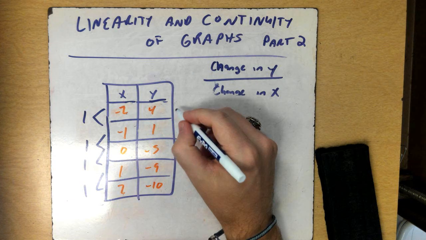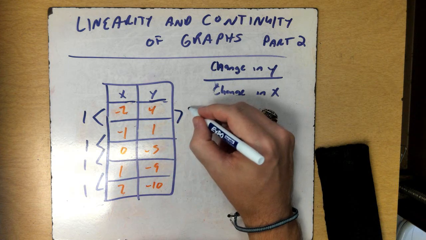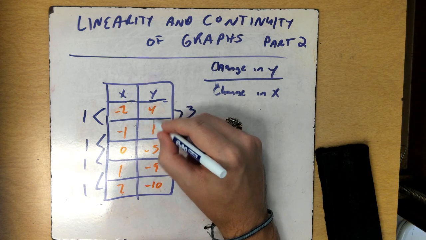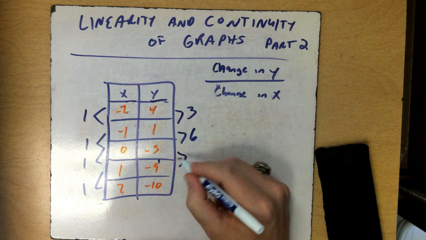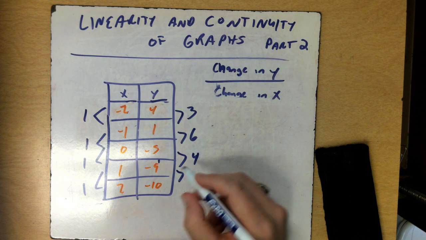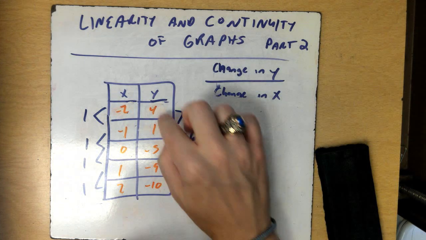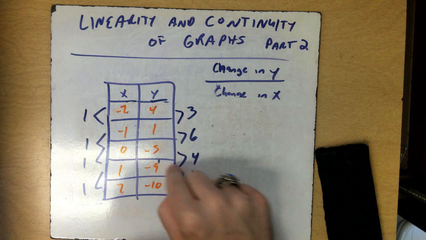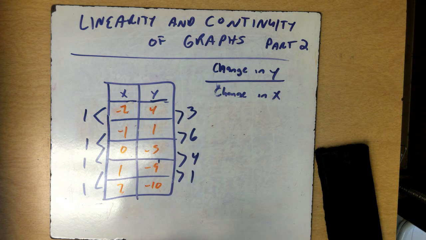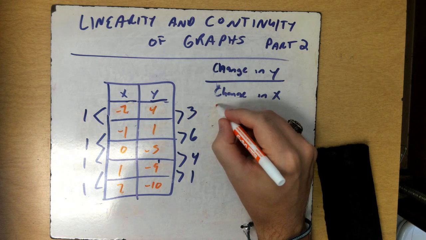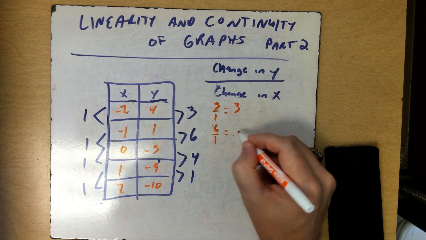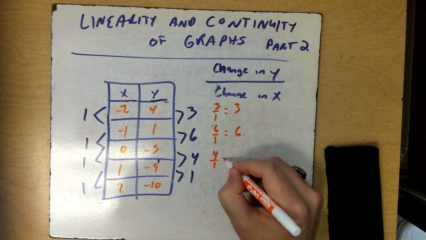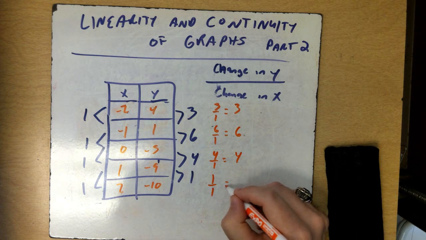Now on the y side, 4 and 1, your difference is 3; it goes down by 3. 1 and -5 goes down by 6. -5 and -9 goes down by 4. And -9 and -10 goes down by 1. Now, our change in y over x is 3 over 1, which equals 3; 6 over 1, which equals 6; 4 over 1, which equals 4; and 1 over 1, which equals 1.